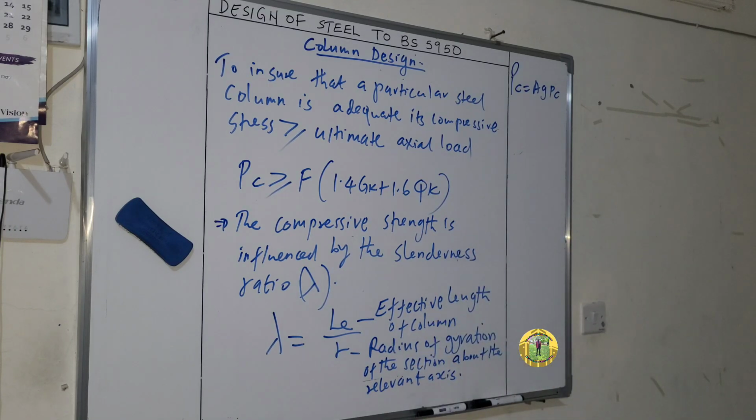The maximum slenderness ratio of steel column carrying dead load and imposed load is limited to 180.